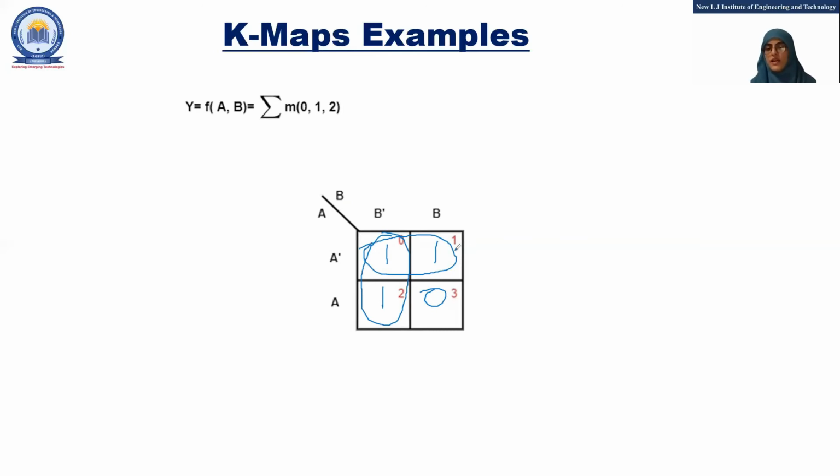So we don't have to consider this single one, rather than we can consider this pair. So the answer will be B prime plus A prime. We do OR operation of two individual groups.